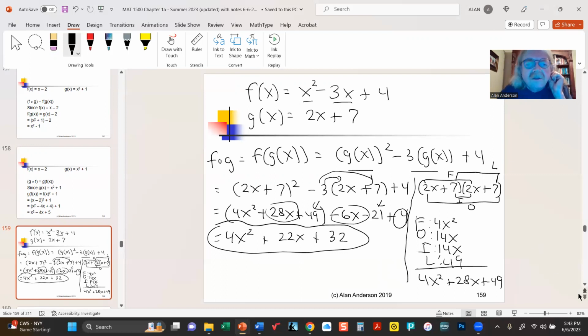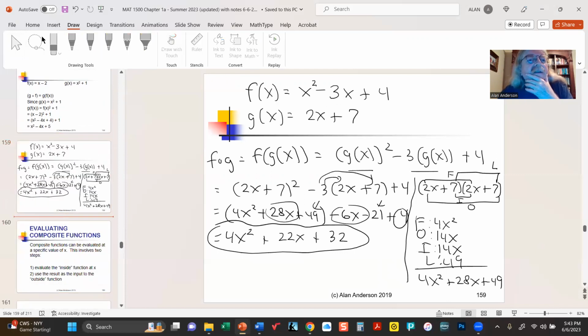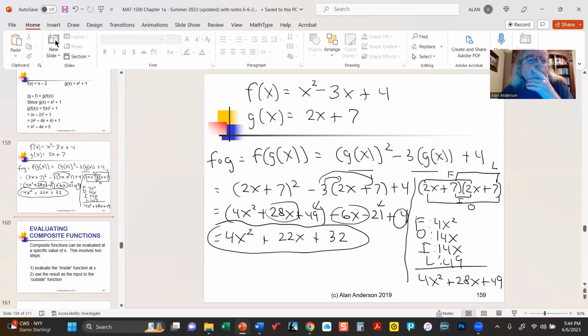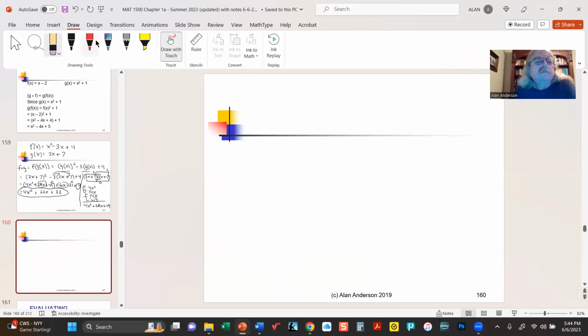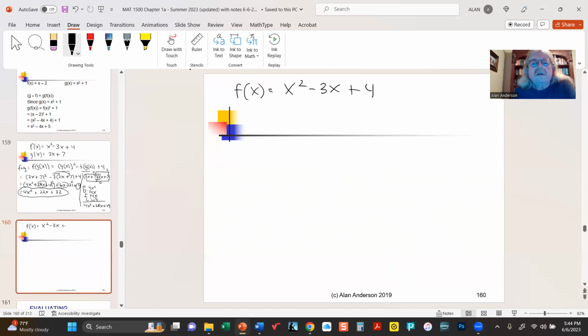Now let's try g of f of x, which apparently Symbolab can no longer do. All right, so once again, f of x is x squared minus 3x plus 4. G of x is 2x plus 7. So g of f of x, this is pretty straightforward because now you're only making one replacement here.